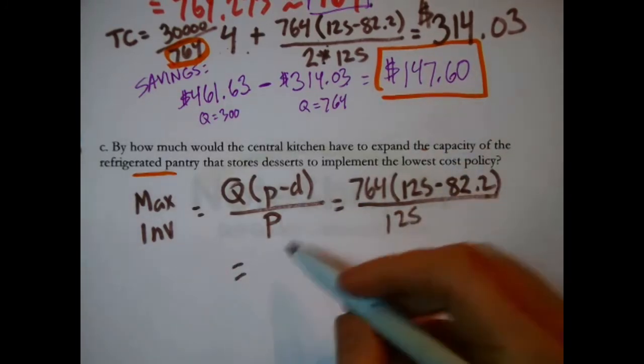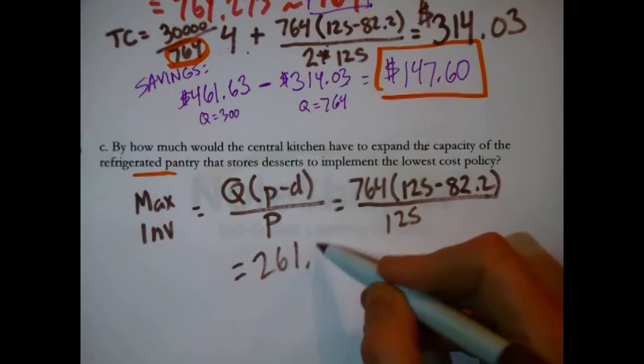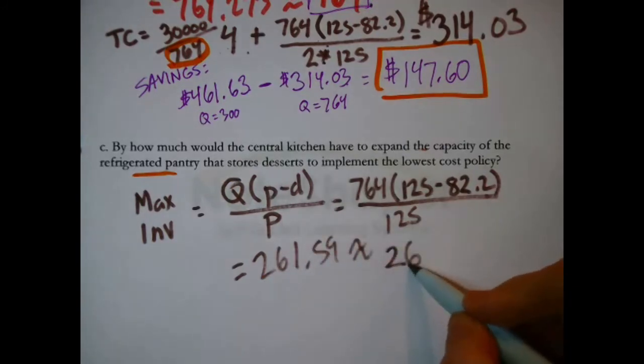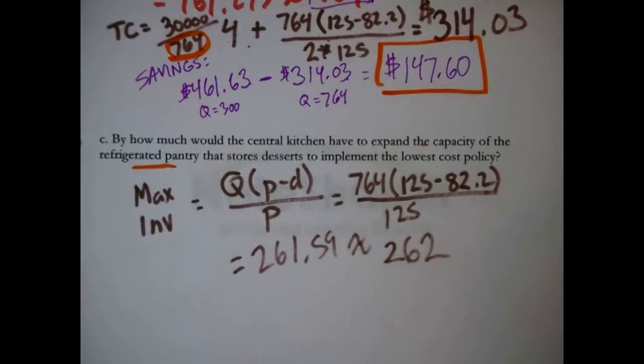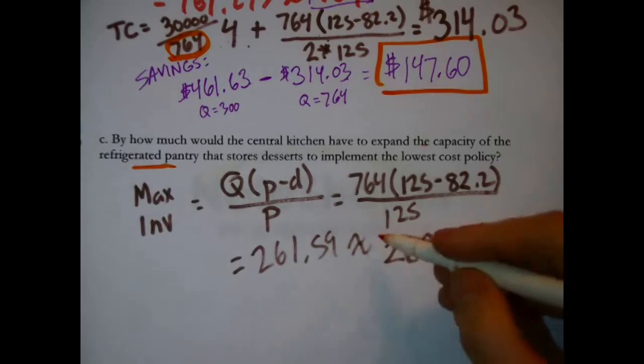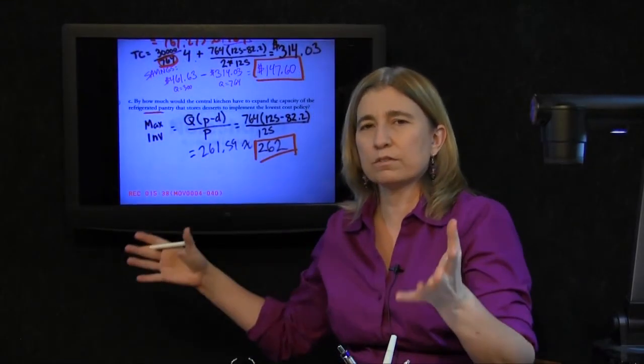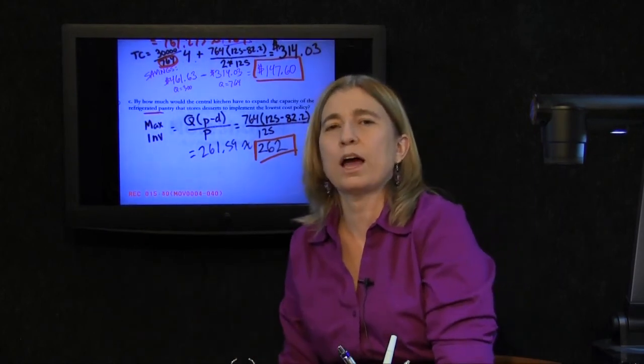I get like 261.59, basically 262, like around 262 desserts. 261 to 262 desserts is their standby stock of desserts. It's the most that it would max out at.